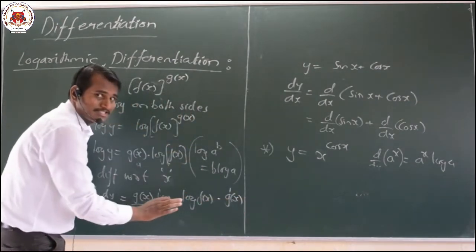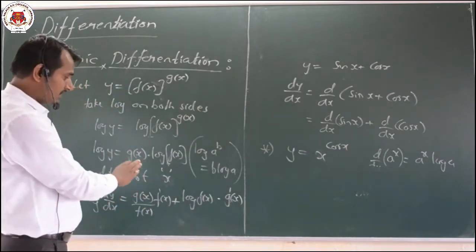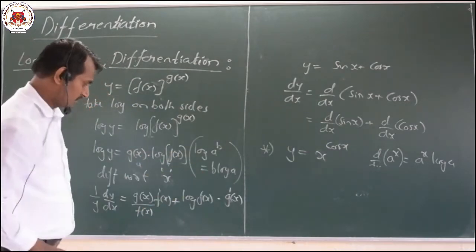Or else we can write it as d by dx of g of x; both are the same.